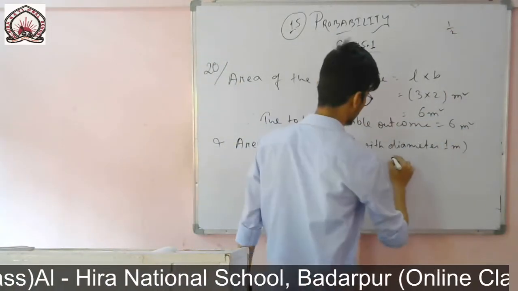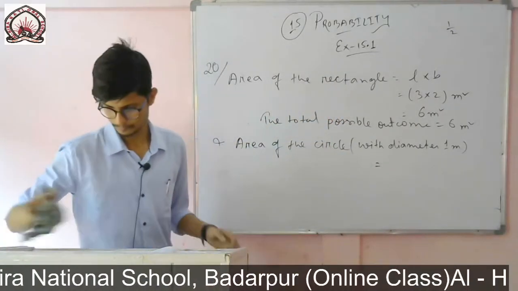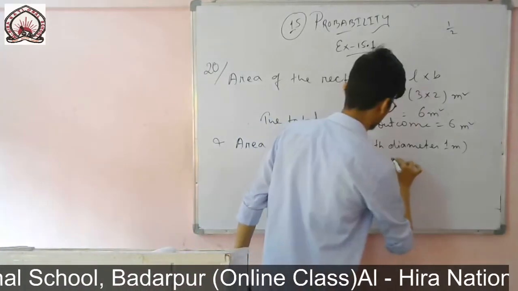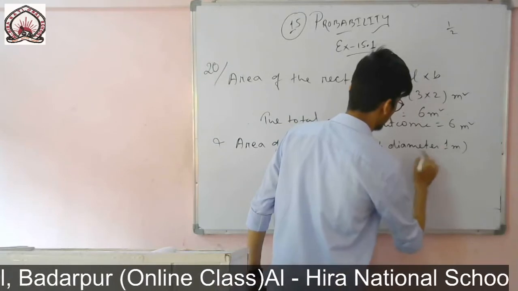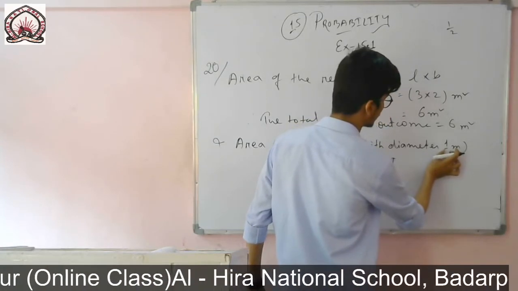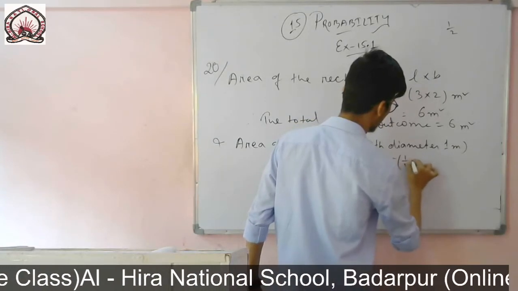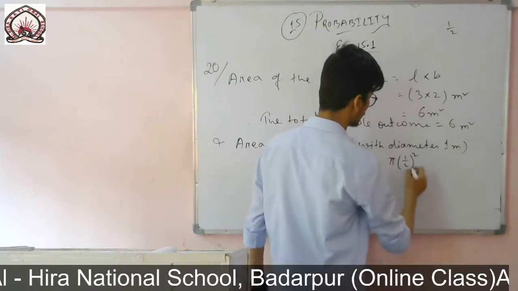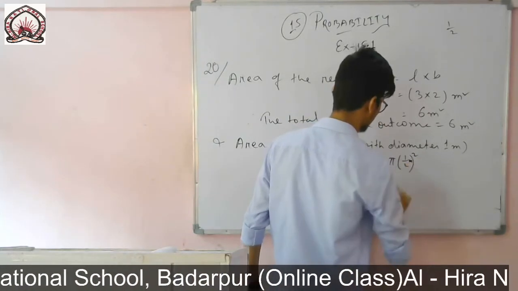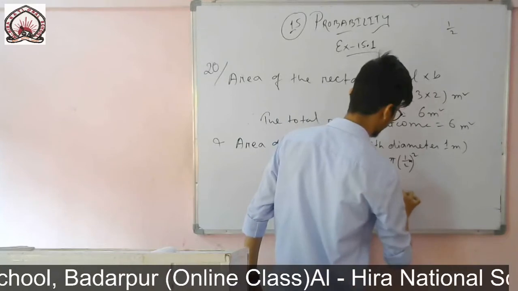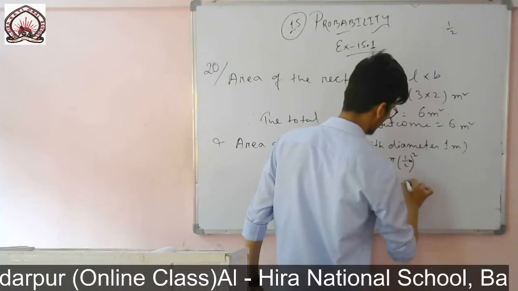So pi r square, where r is equal to 1 by 2, squared, in meter. So pi by 4, since 2 square is 4, unit meter square.